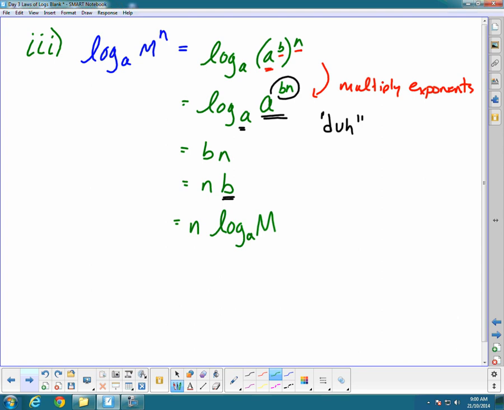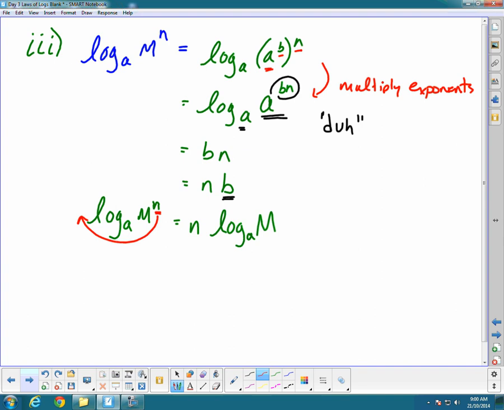So at first glance, this one doesn't look as obvious as the others. But it's probably the most important one that we'll use. This says if you were taking the log of some number that already has an exponent, that exponent can come out front and be multiplied by the other log.